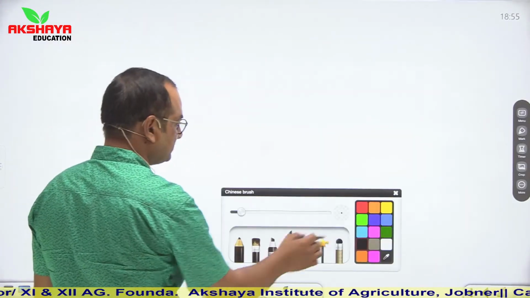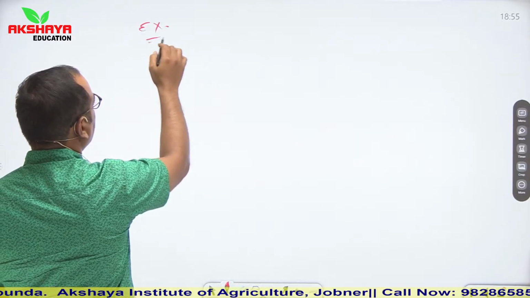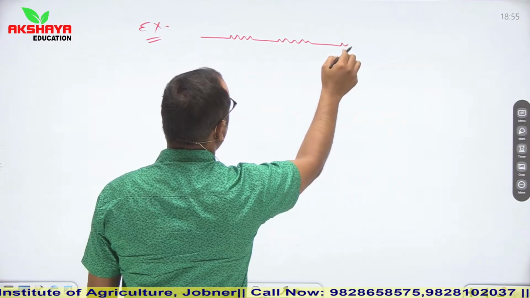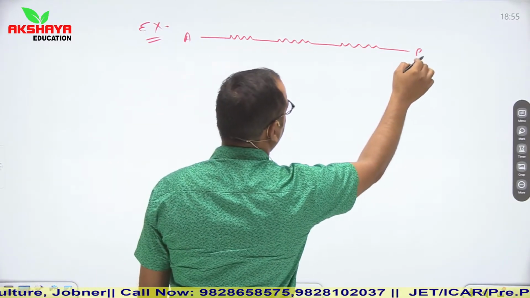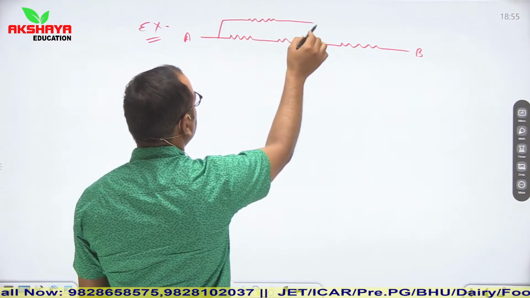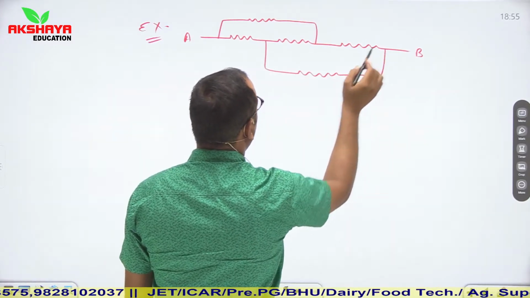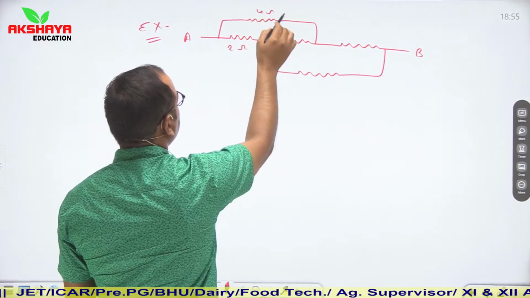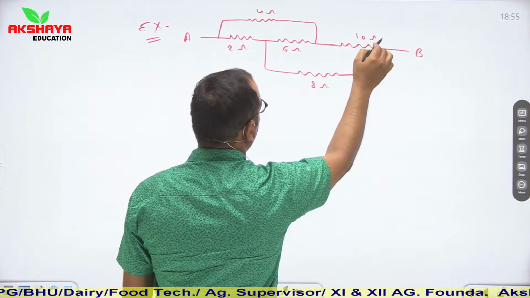Now see another pattern. Another pattern is, let us say these three resistors are connected in series between points A and B, and they are short circuited with the help of another resistor like this. And let us say this is 2 ohms, this is 4 ohms, this is 6 ohms, this is 8 ohm, and this is 10 ohm.